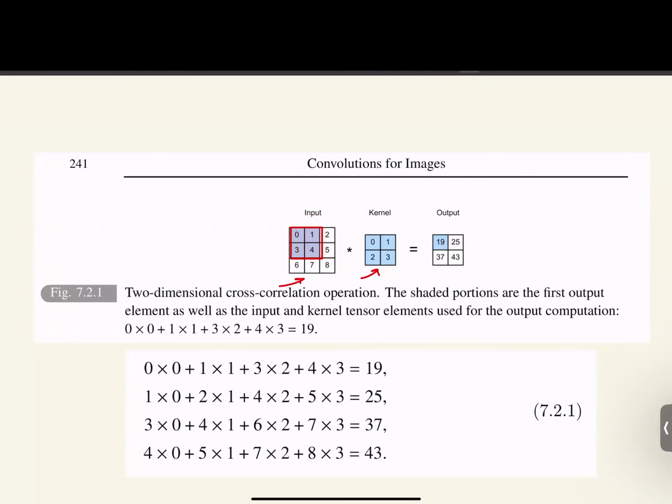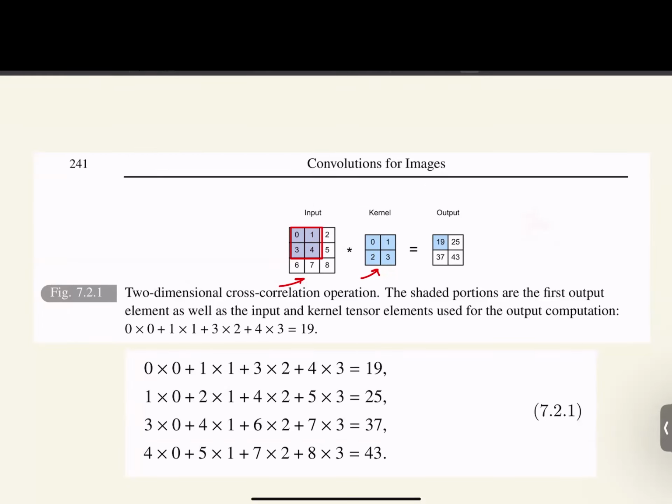The output of this operation will be a 2x2 output, which is smaller in dimension than the original input. And if we continue doing these steps, we will end up in the next step with only one output.